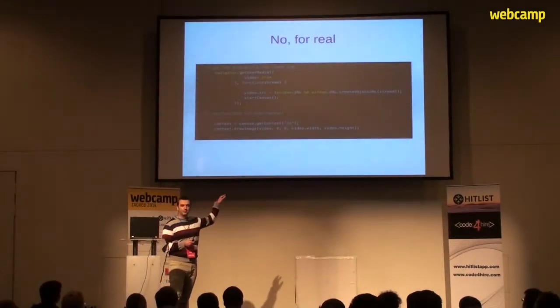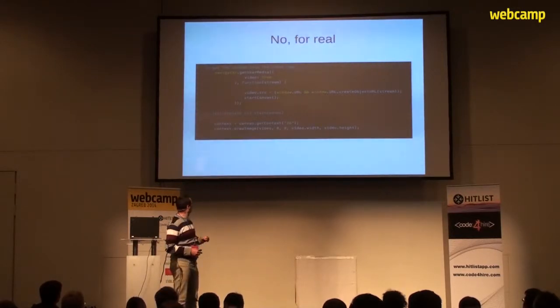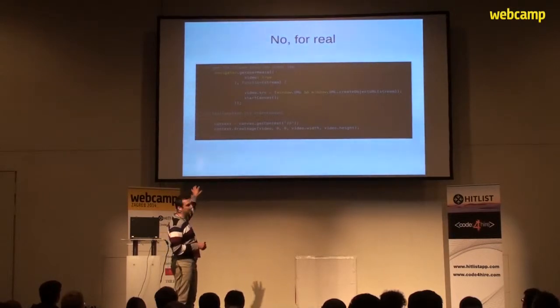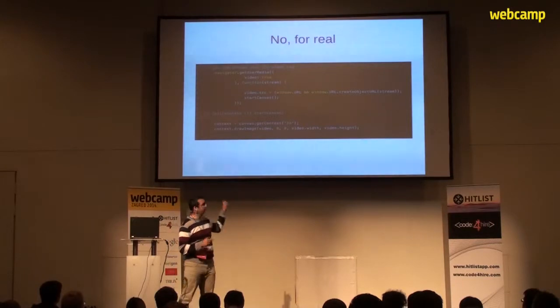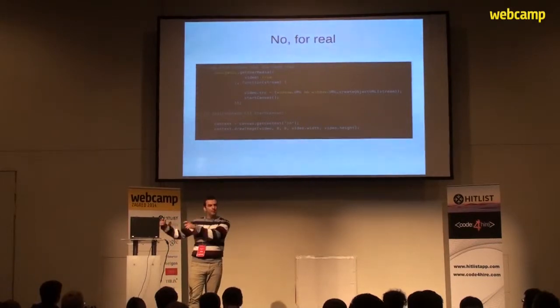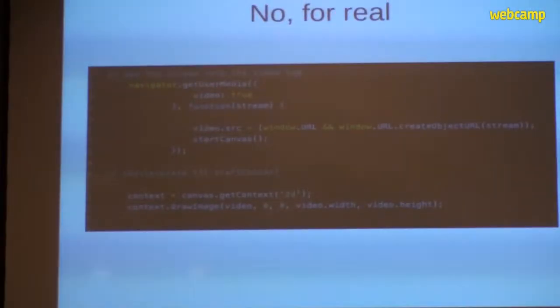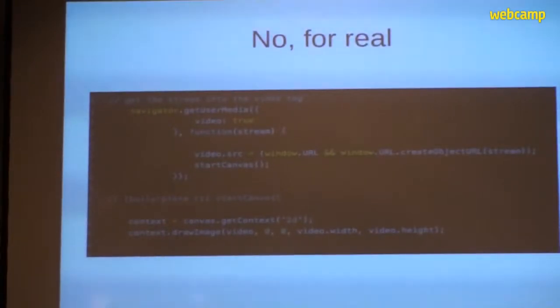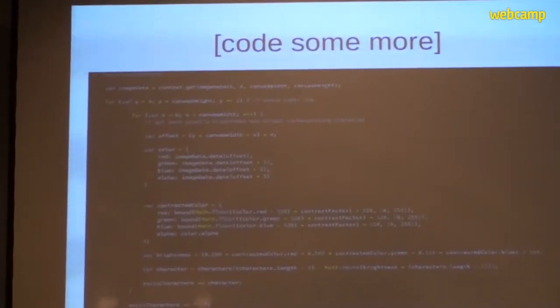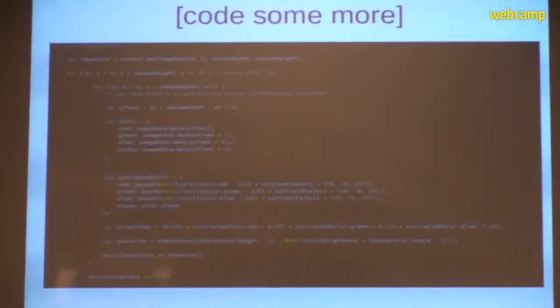Again, he gets the user media, so he gets the webcam feed. Then there's some code. Then he has a small helper function that makes a canvas and takes that video tag into a canvas. It calls draw image. You can draw an image on a canvas from a video tag, so basically capture frames. What goes on next is a little bit more code, and you probably can't read it, but it's relatively simple.